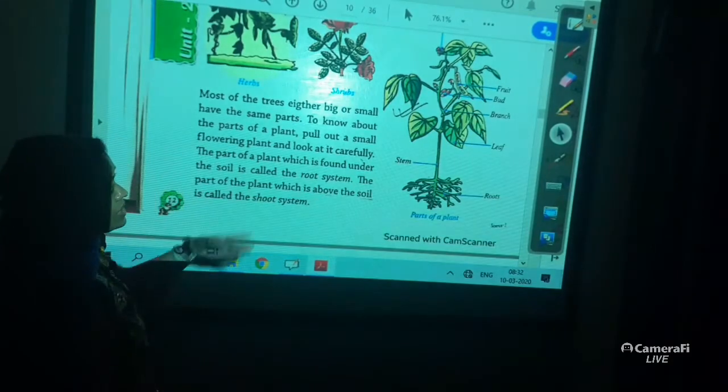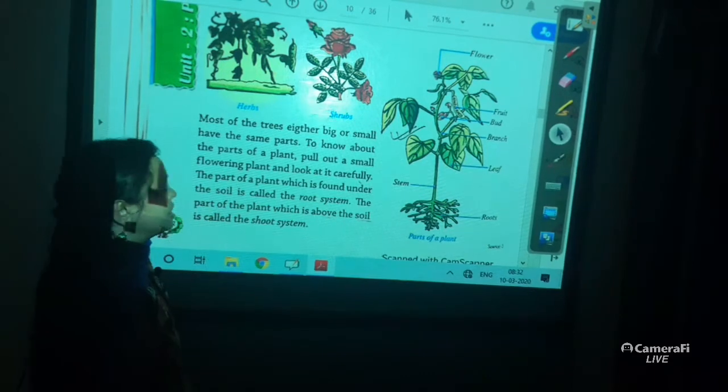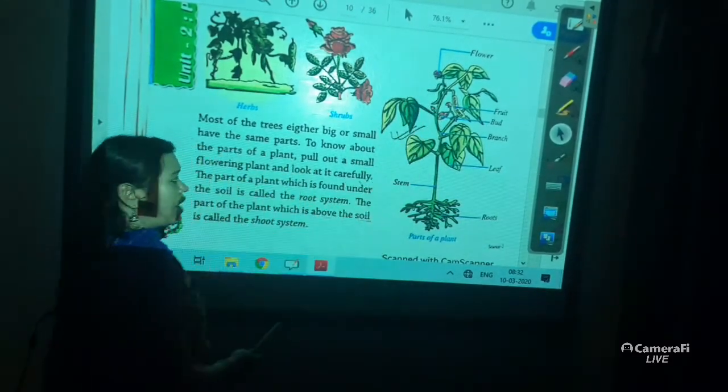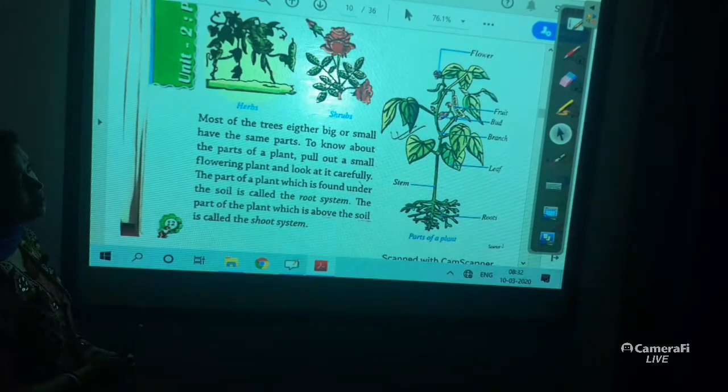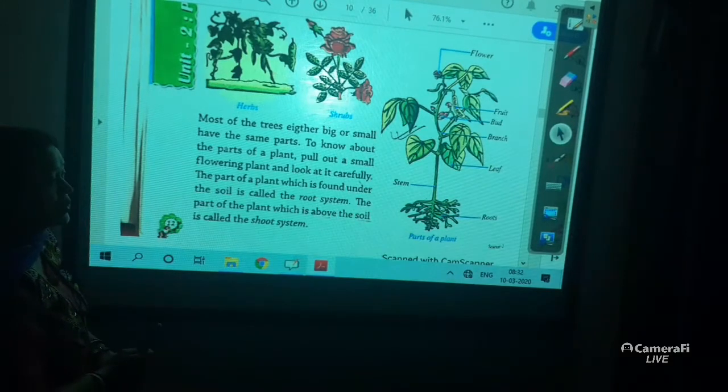So how many parts do we see in this picture? See, there are so many parts. On the top, first is the flower. Then below the flower, see the picture, there is the fruit. Now under the fruit there is the bud, then branch, then leaf and stem, and the last one is roots.